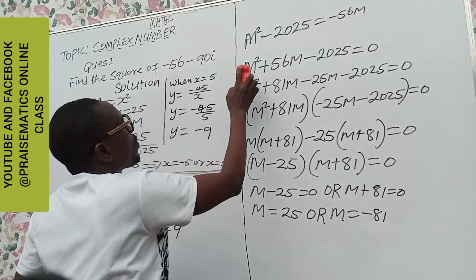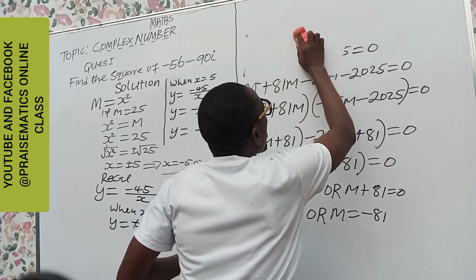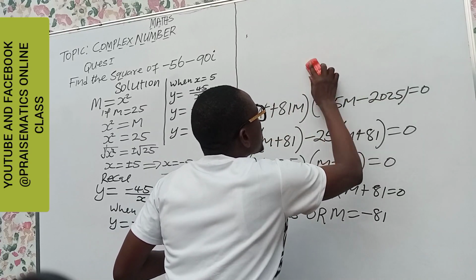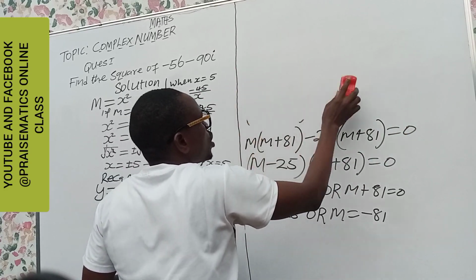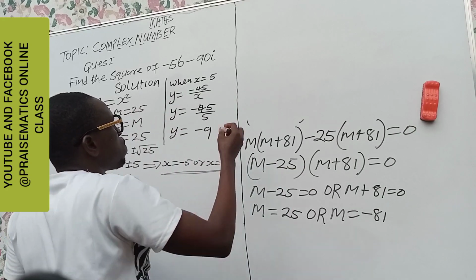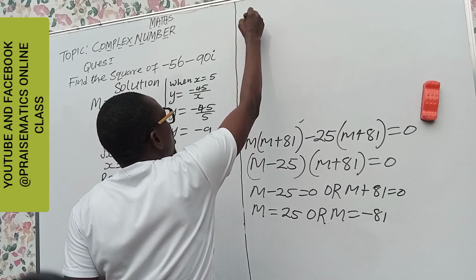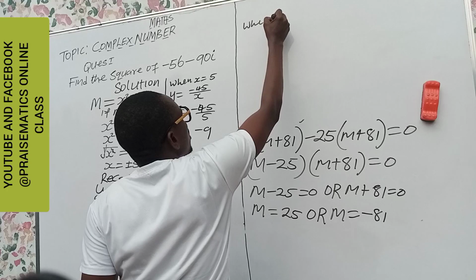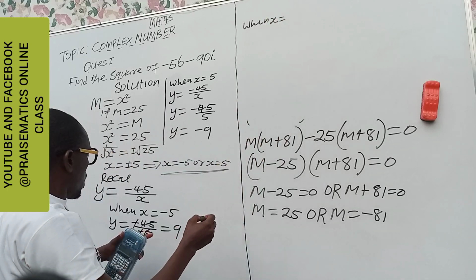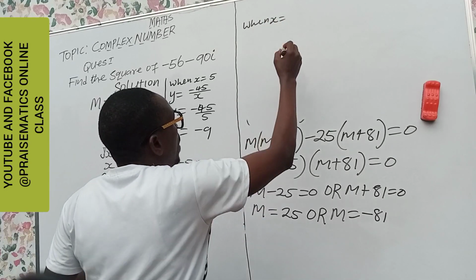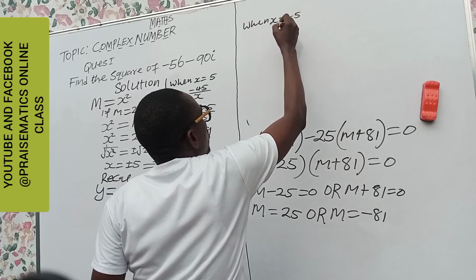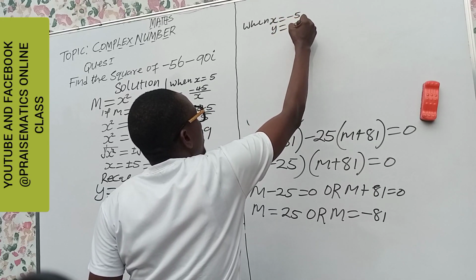So finally, if you want to get the final answer, it will be from this place. When x equals to minus 5, y equals to 9.